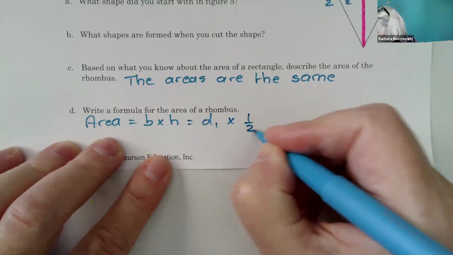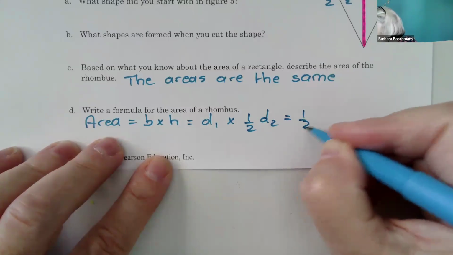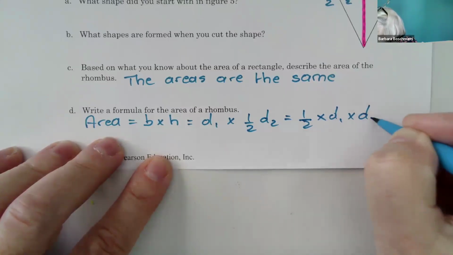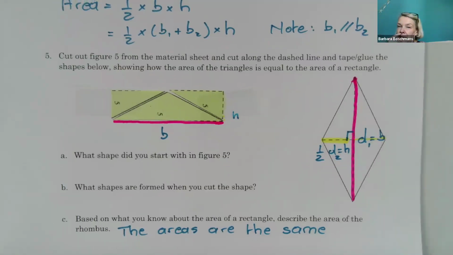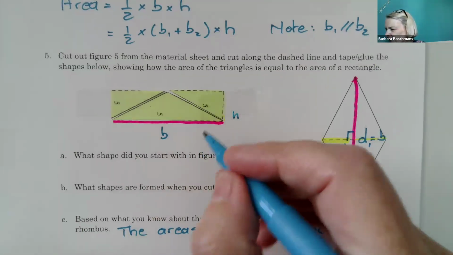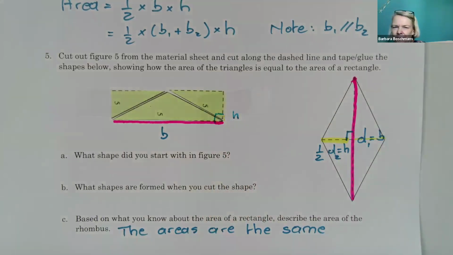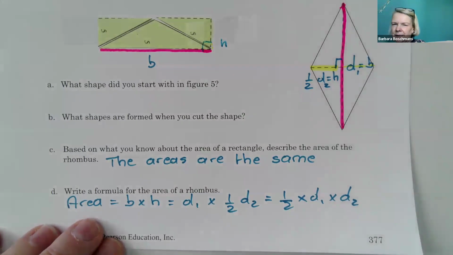And then I have 1/2 of D2. Notice that these make a 90-degree angle. So our base and our height still make that 90-degree angle over here as well. So the formula is 1/2 times D1 times D2.